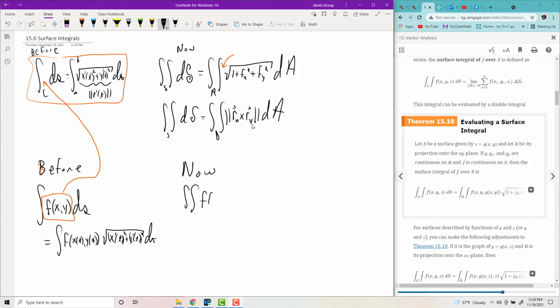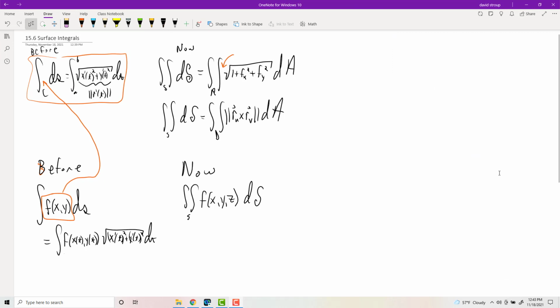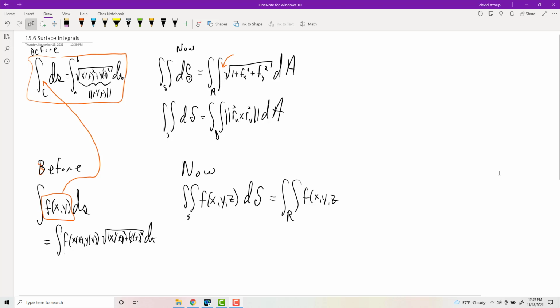It'll just be plopping this function f of x y z into here. No big deal, right? And then to evaluate, we'll have to probably parameterize it, but first we would have to rewrite it as an integral over a region of f of x y z times the square root of 1 plus the partial with respect to x squared plus the partial with respect to y squared dA.